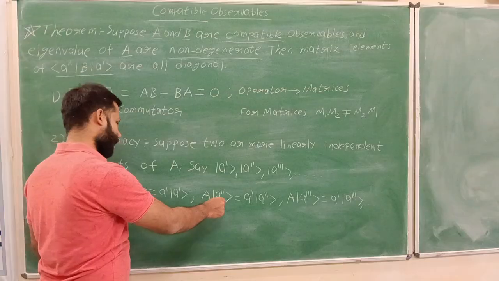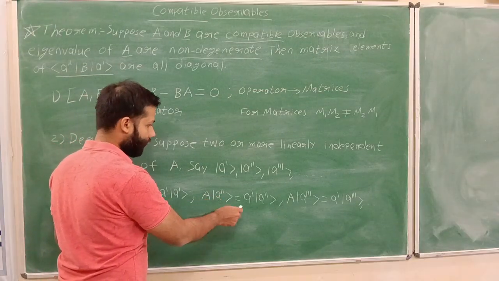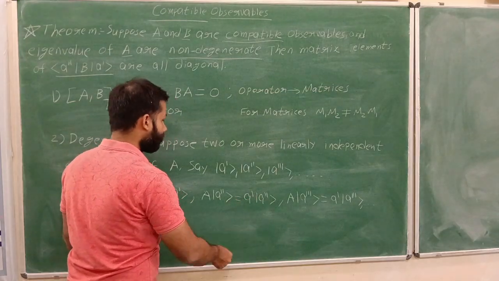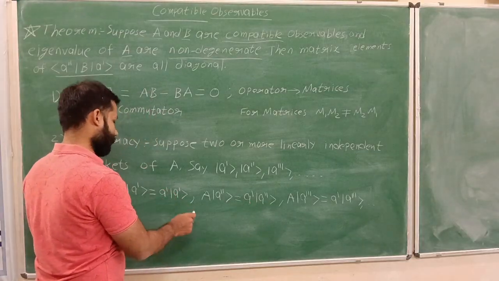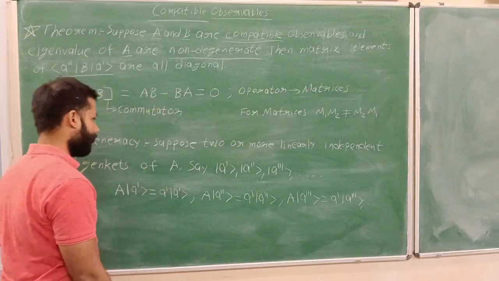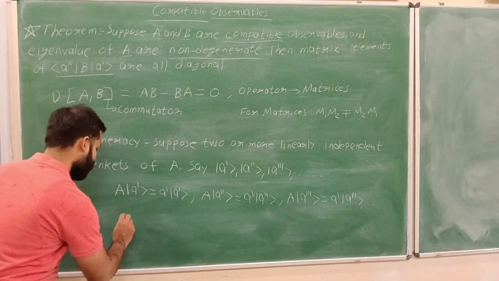But now again I am operating on some different state, which is again an eigenket, but I am not getting back, let's say, a double prime or some other value, but I'm getting the same value. So these states are called degenerate states, and their eigenvalues are degenerate.